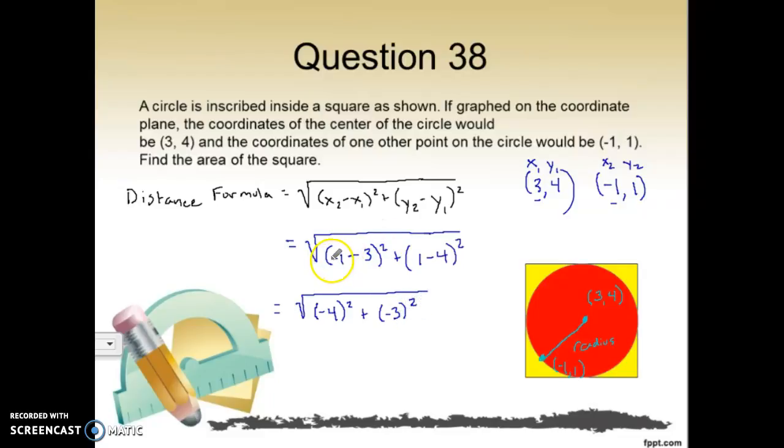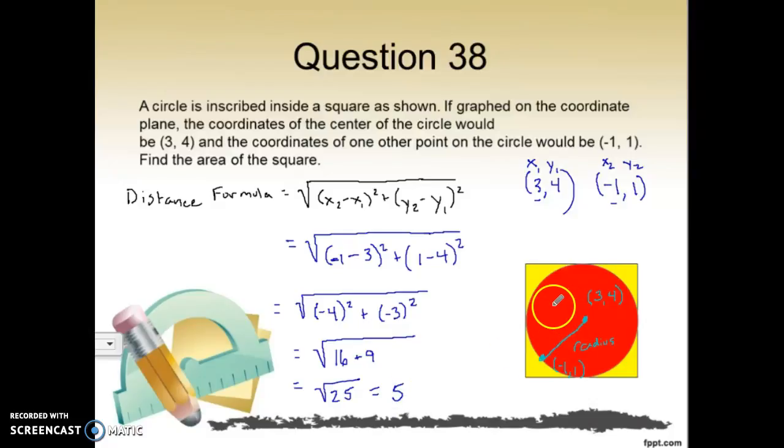If these positive and negative numbers throw you off, stick them in your calculator, and make sure you get it right. -4 times -4 gives me positive 16, because a negative times a negative is a positive. -3 times -3 gives me positive 9. Now I'm going to add those together: 16 and 9 gives me 25. The square root of 25 is a perfect square, because 5 times 5 gives me 25. So I'm going to put 5 here.